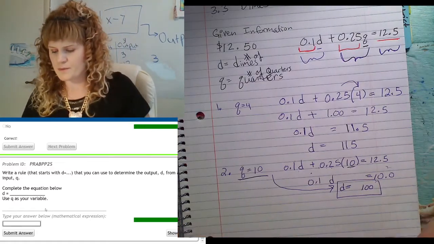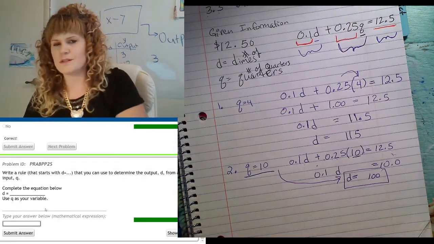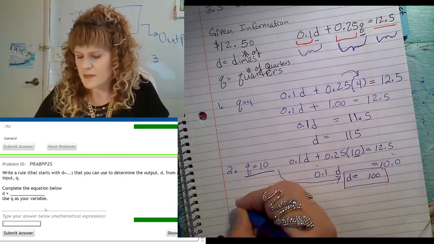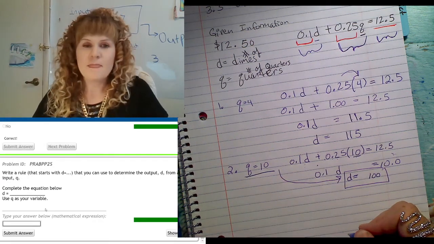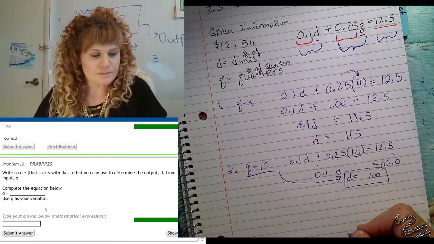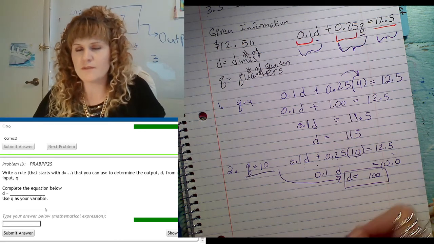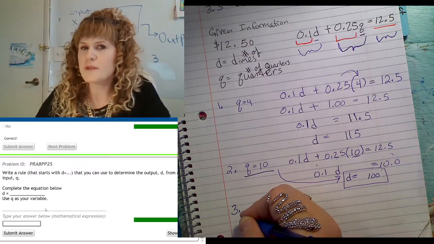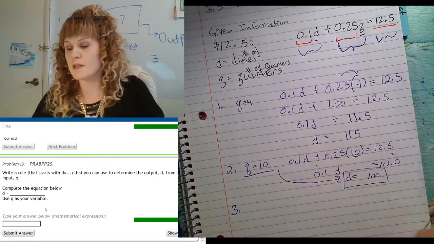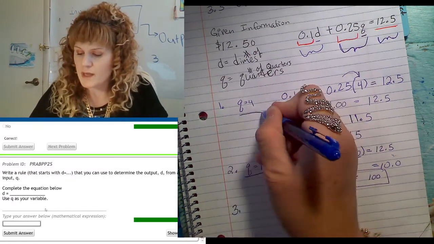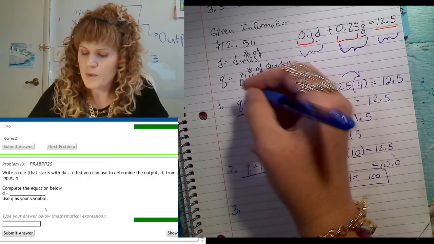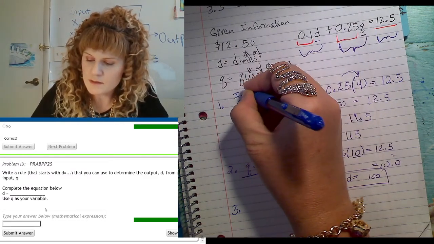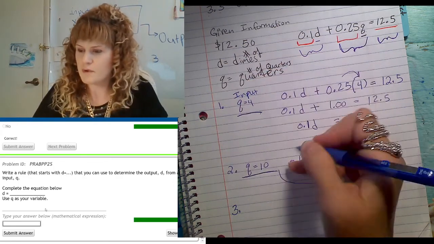Oh, I have to write a rule. This part's a little harder. So I said, yes, the number of dimes is a function of the number of quarters. The number of dimes depends on how many quarters. In number 1 and 2, we had an input of the number of quarters.